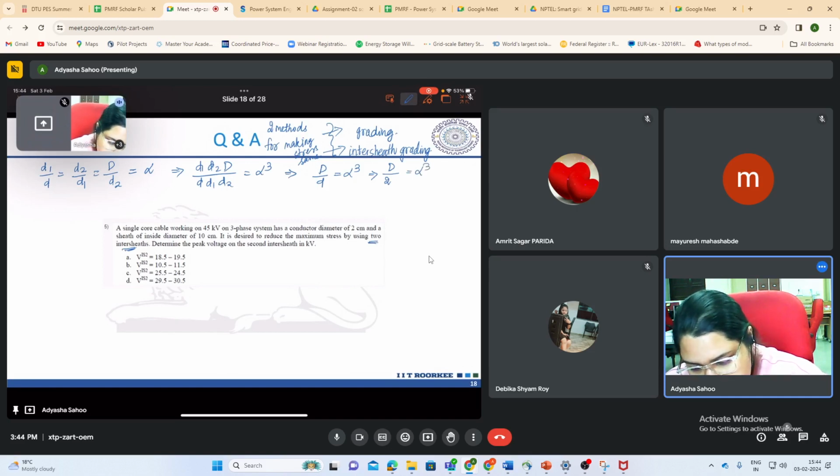From here you get, and this capital D is also already known, right? Inside diameter is 10 cm, it is given.